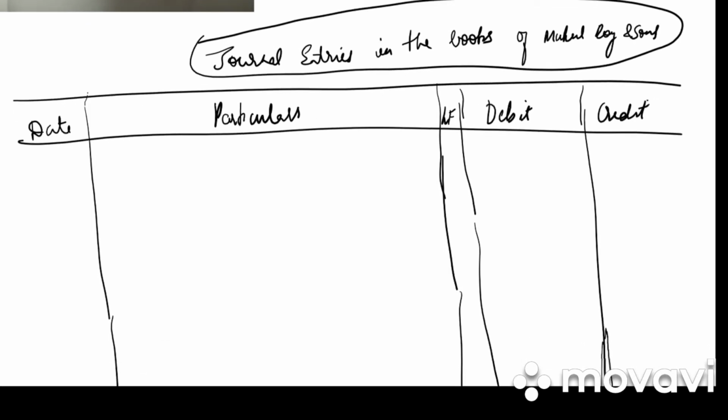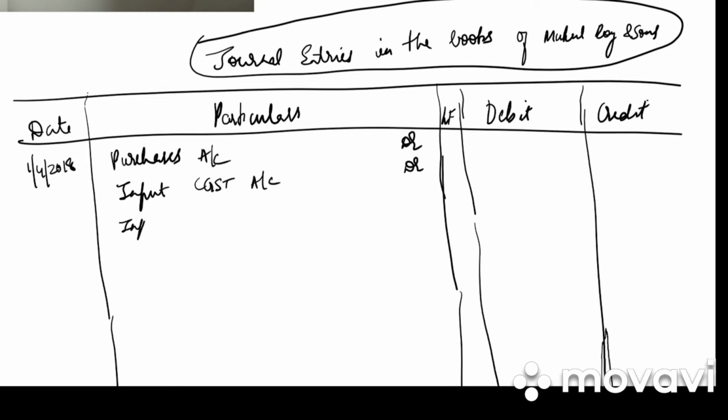So our first date is 1st April 2018. That is purchase goods from S Banerjee. So purchases account debited, input CGST account debited, input SGST account debited to S Banerjee account. So what is the purchases?